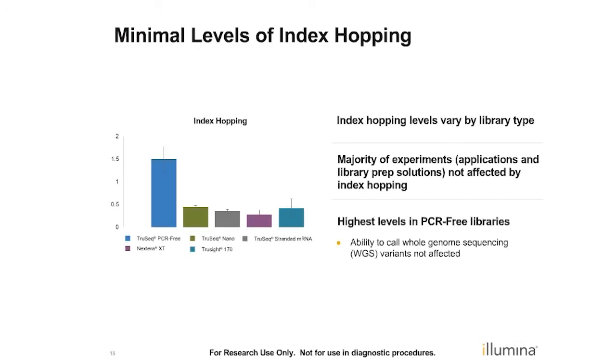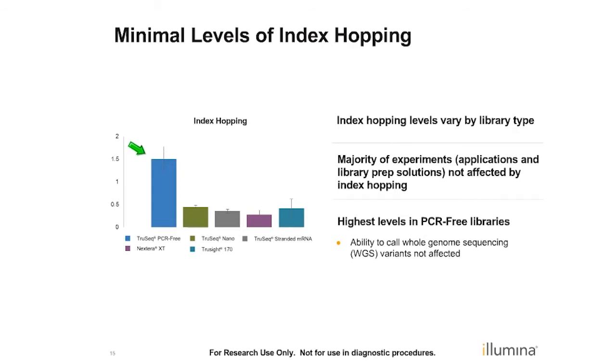This is another experiment that we've done where we've taken several of our different flavors of preps: PCR-free, TruSeq Nano, TruSeq stranded mRNA, the Nextera prep, or TruSight 170, which is one of our most recent enrichment preps. And this compares the total level of index hopping from these various preps.